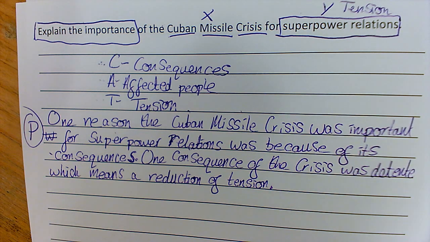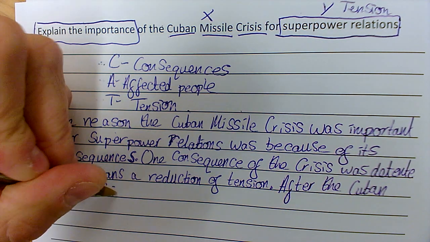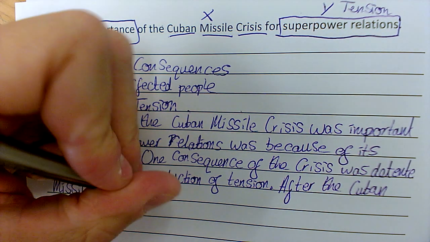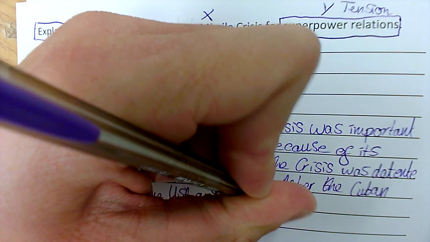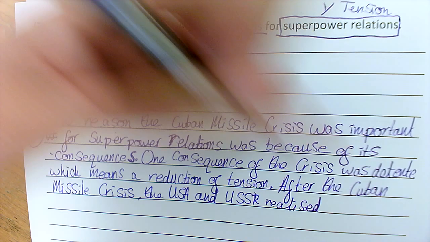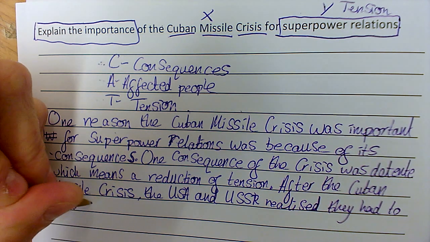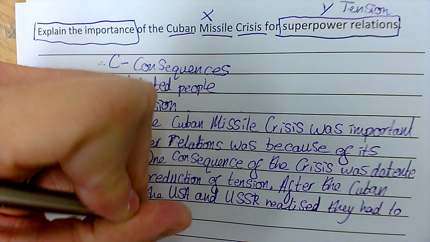After the Cuban Missile Crisis, the USA and USSR realized they had to avoid conflict in the future.